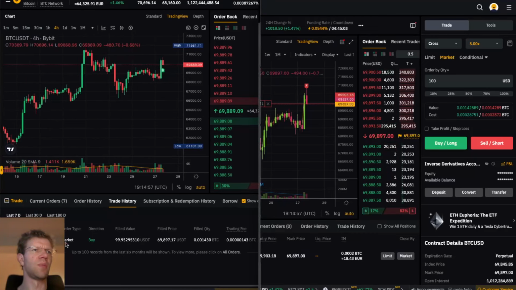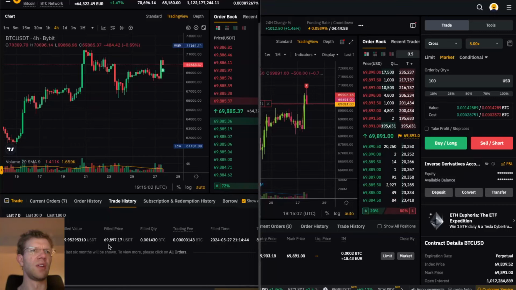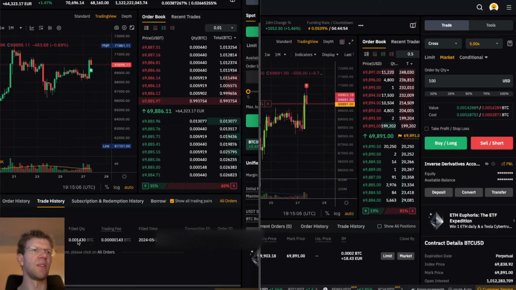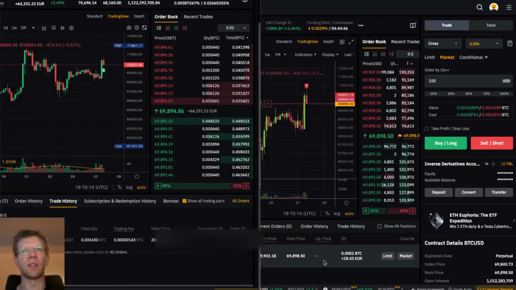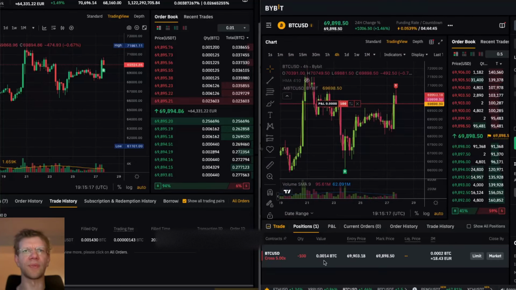As you see, bought on the spot, direction buy, fill price 69,897, and 0.0013 Bitcoin I got. I paid 0.1% fee, and that's the thing. And on the other side, I now have a short position.